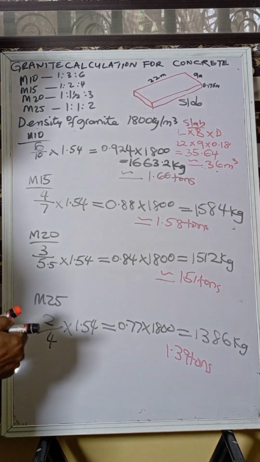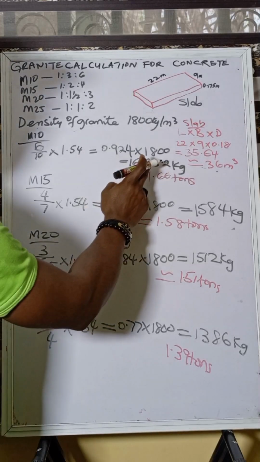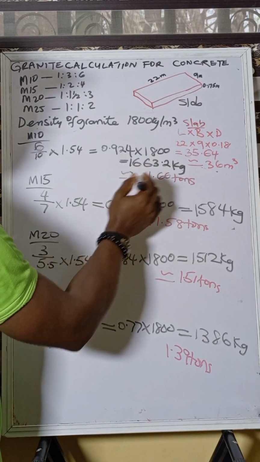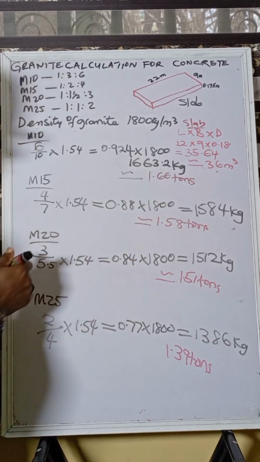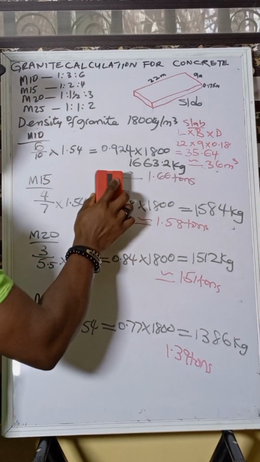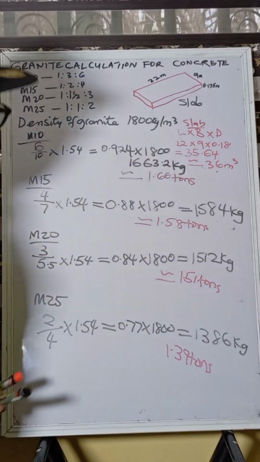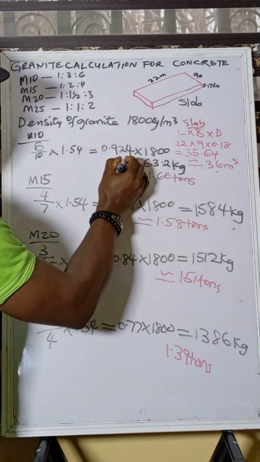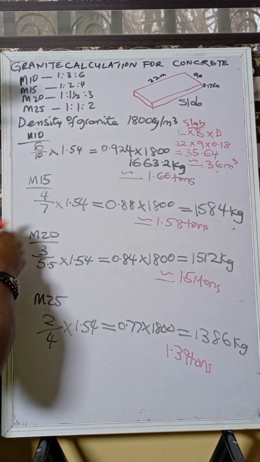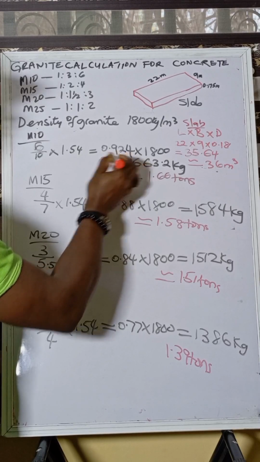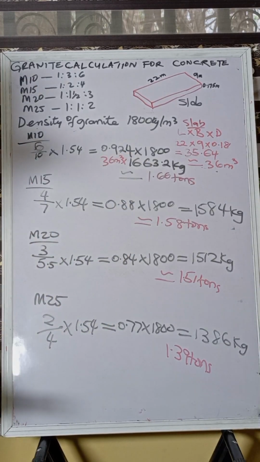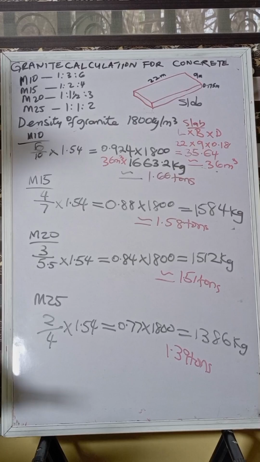From our last calculation, the volume for the slab is 36 cubic meters. So we've done the calculation for our granite per ton. Now for us to get the quantities of granite for 36 cubic meters, we multiply 36 by 1,663.2 kg.